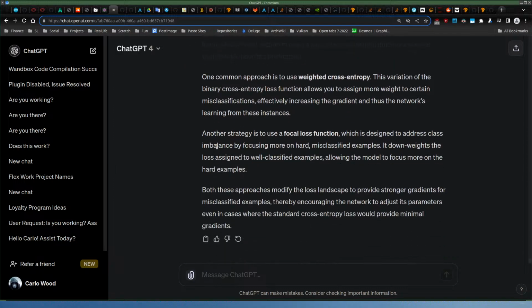This addresses the class imbalance by focusing more on hard misclassified examples. It downweights the loss assigned to well classified examples, allowing it to focus more on hard examples. It reshapes the loss landscape to provide stronger gradients for misclassified examples, thereby encouraging the network to adjust its parameters even in cases where standard cross entropy loss provides minimal gradients.